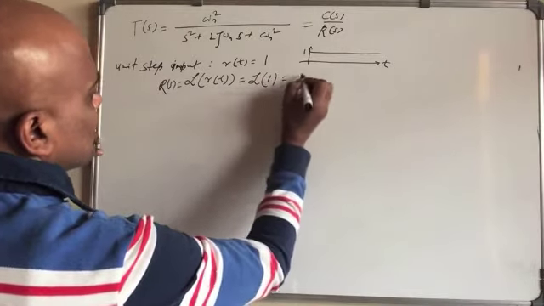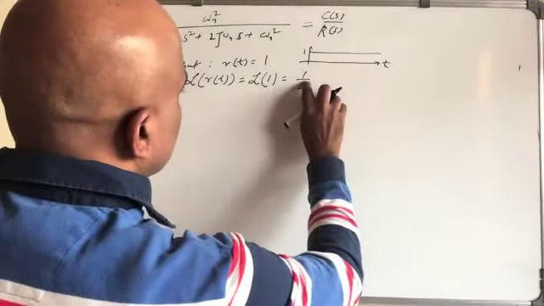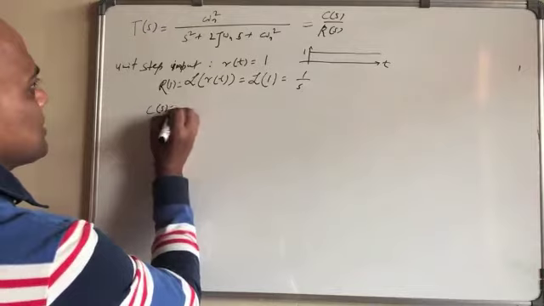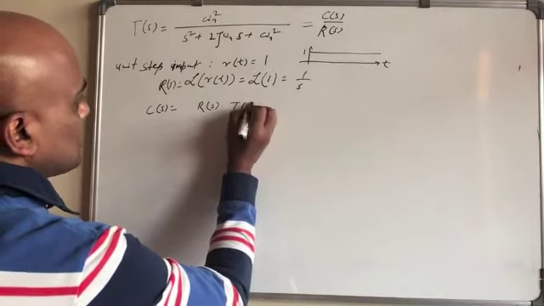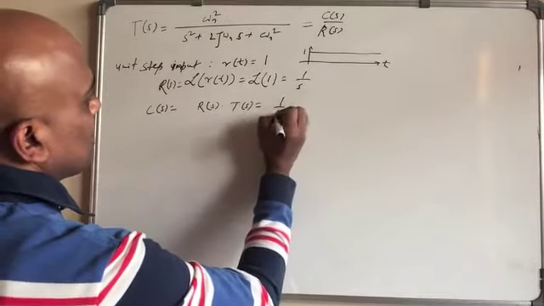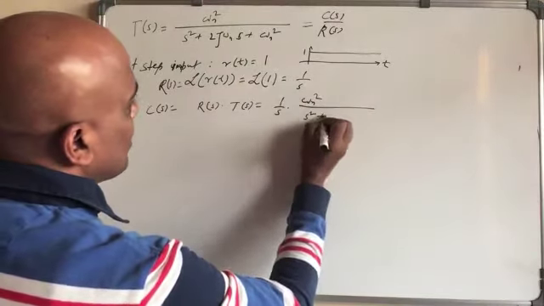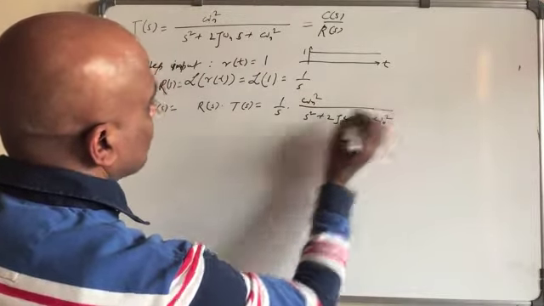Now that means the Laplace transform of R(s) equals the Laplace transform of r(t), the Laplace transform of the unit function, so this becomes 1 over s. Hence C(s) equals R(s) times T(s), where R(s) equals 1 over s and T(s) is omega n square over s square plus 2 zeta omega n s plus omega n square.